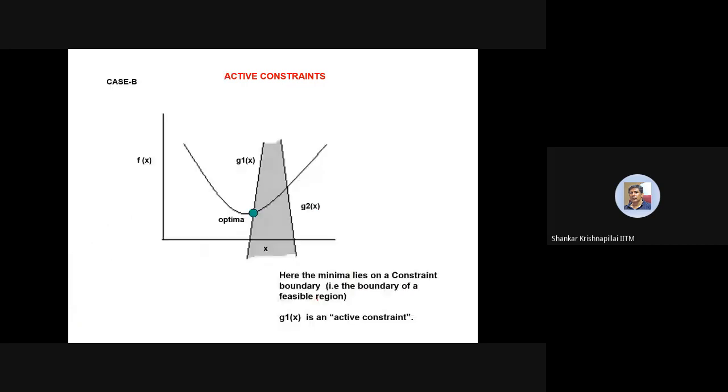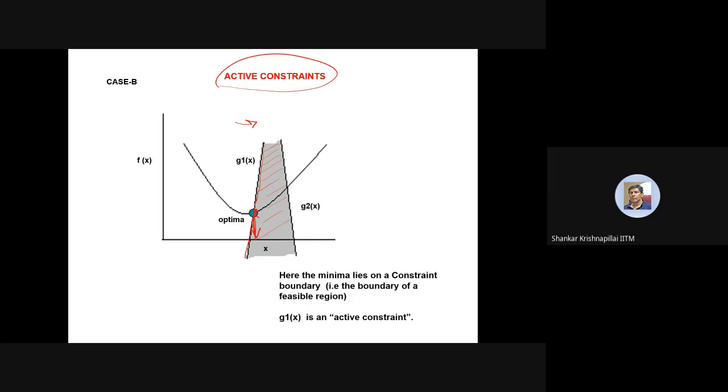Then active constraints. What we do is shift this feasible region to the right. Now this is the new feasible region, so the minima will occur at the boundary of this feasible region. This is the new minima.